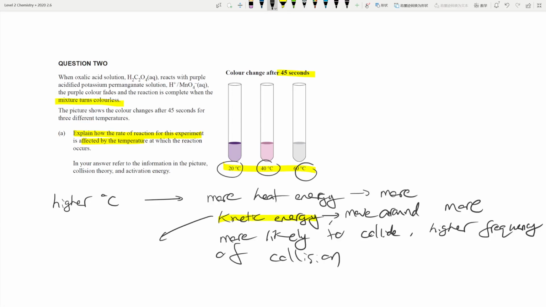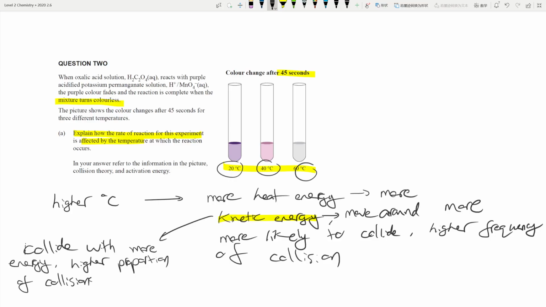Because there's more kinetic energy, they're gonna collide with more energy. And what that means is that a higher proportion of collisions will have sufficient amount of energy.